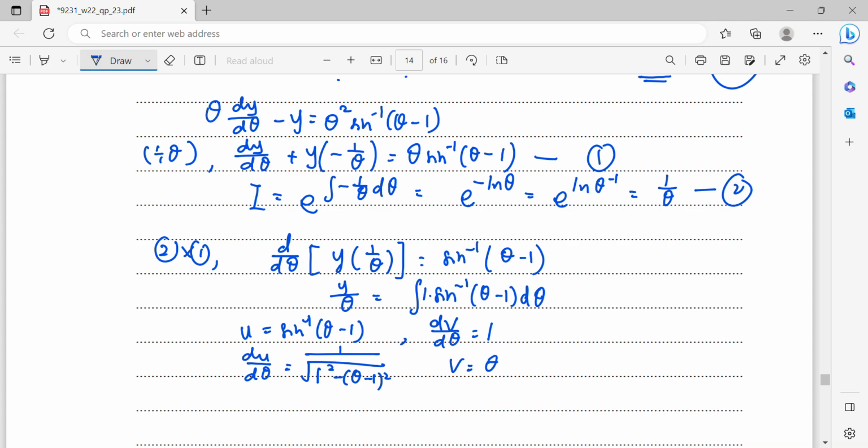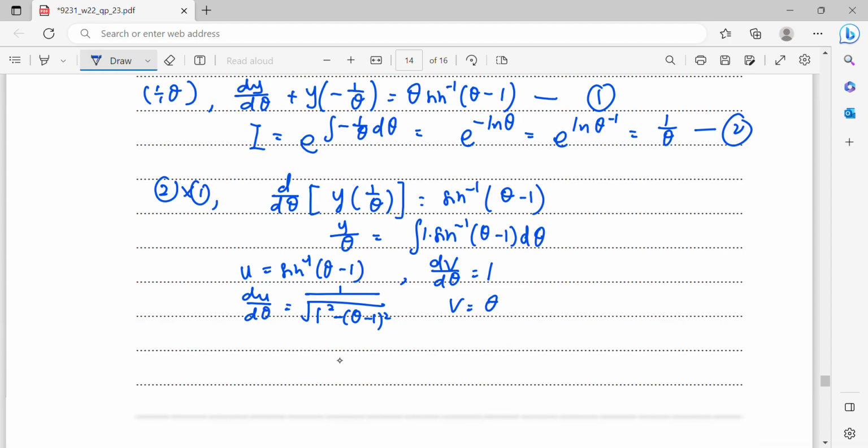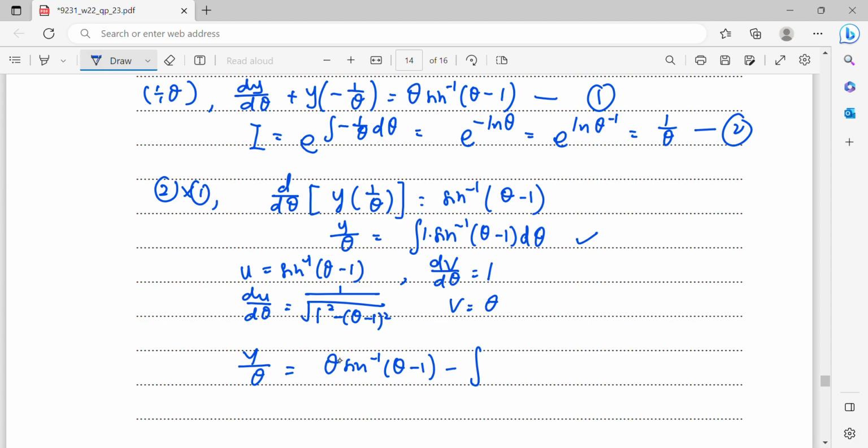Now for y over theta, substituting back, it will be uv, so theta inverse sine of theta minus 1, minus the integral of v du, so theta over the square root.